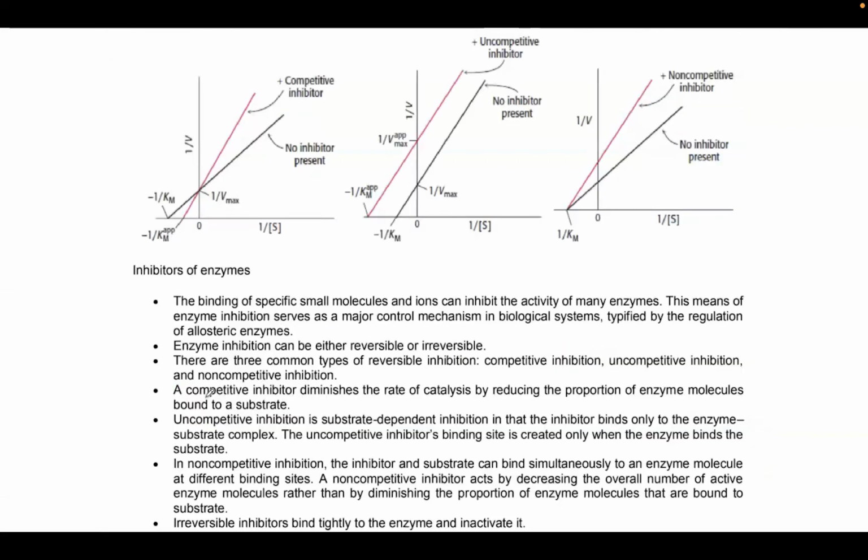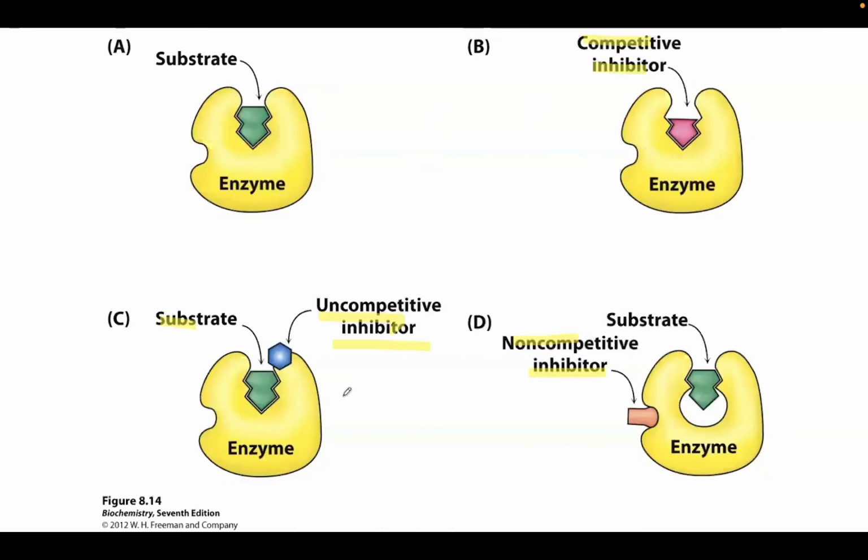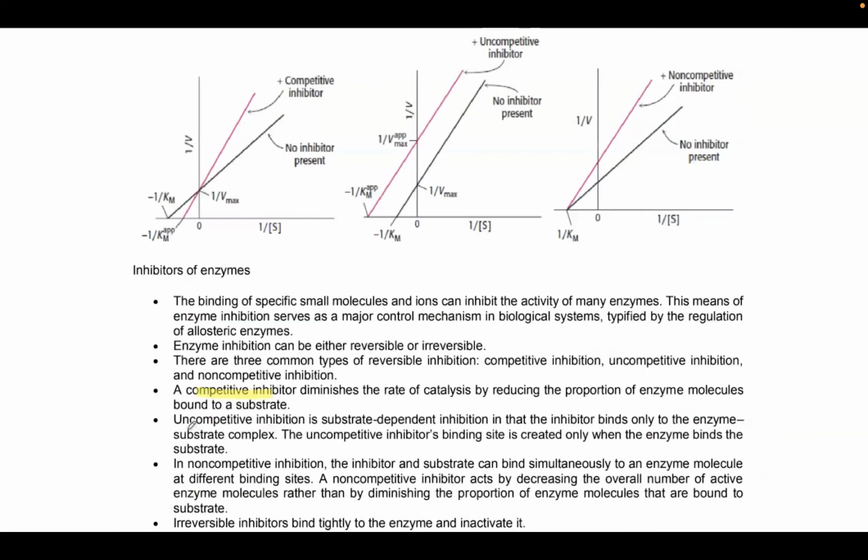Competitive inhibitor diminishes the rate of catalysis by reducing the proportion of enzyme molecules bound to a substrate. Okay, kita naman po dito sa ating competitive inhibitor. Next, for your uncompetitive inhibition, it's a substrate-dependent inhibition that the inhibitor binds only to the enzyme substrate complex.